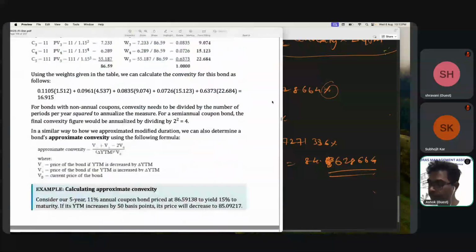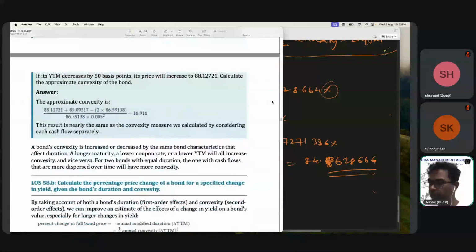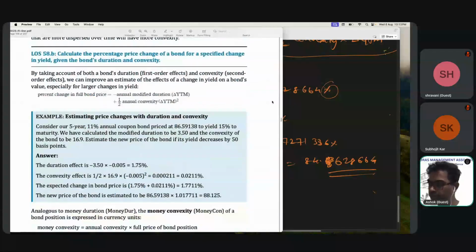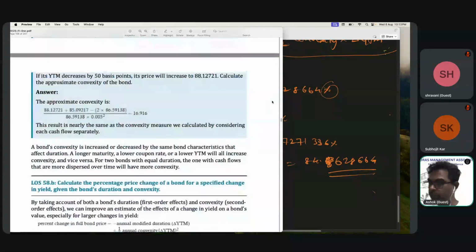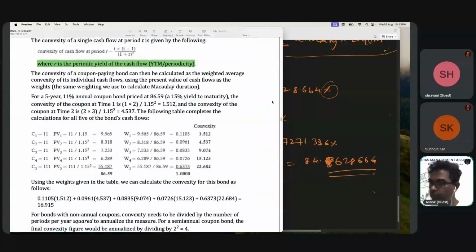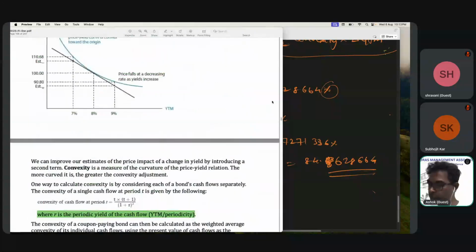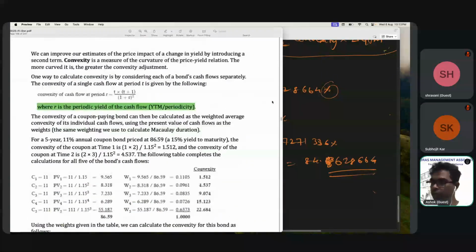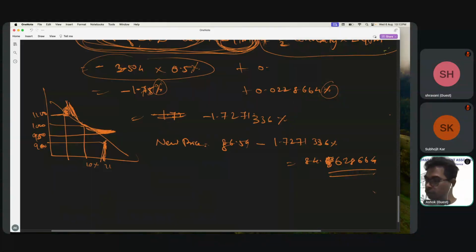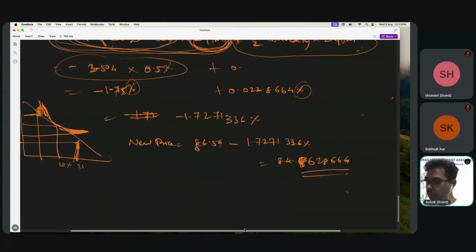Okay. Anyways, I'm not getting it. Maybe whenever I get it, I will let you know. But we'll go in the order only. See, Macaulay duration. Acha, here it is, convexity. This is another way: t into t plus 1 divided by 1 plus r square. So if I calculate this way also, I will get the same convexity. Let me prove that as well.